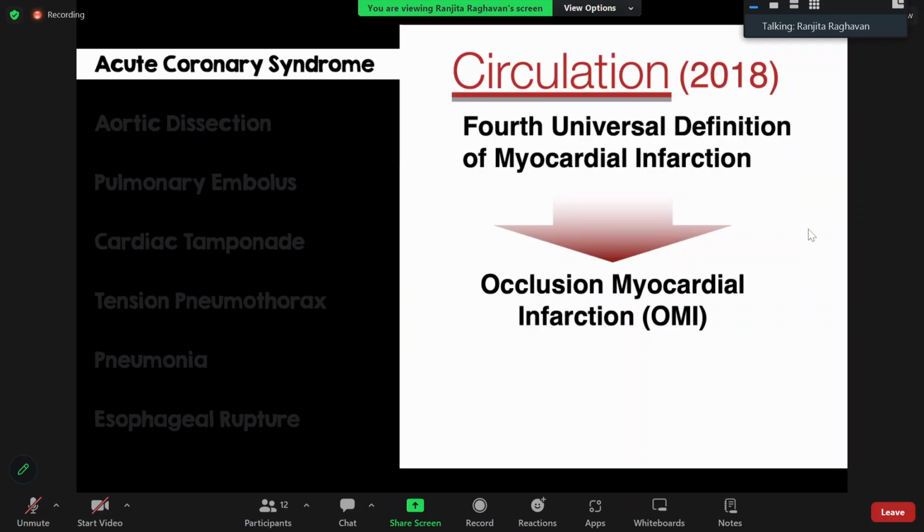I don't know if that has been something that you guys have been talking about in Vietnam or not, but we can always go into it a little bit more if you'd like. The idea behind this is that there are so many other things on EKG that are the equivalent of having a total blockage of one of the vessels in your heart that aren't necessarily an ST elevation.